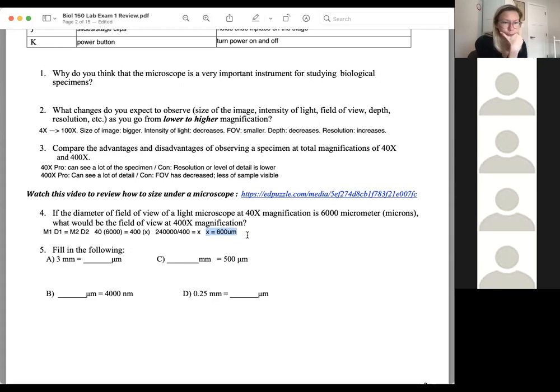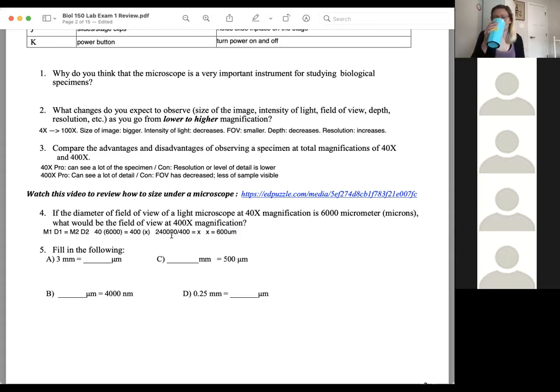Let's figure this out. 40 times 6,000 should have gotten 240,000. Maybe it was entered into the calculator incorrectly. If you try to do 40 times 6,000 divided by 400 all at once, sometimes that can mess up the calculation.